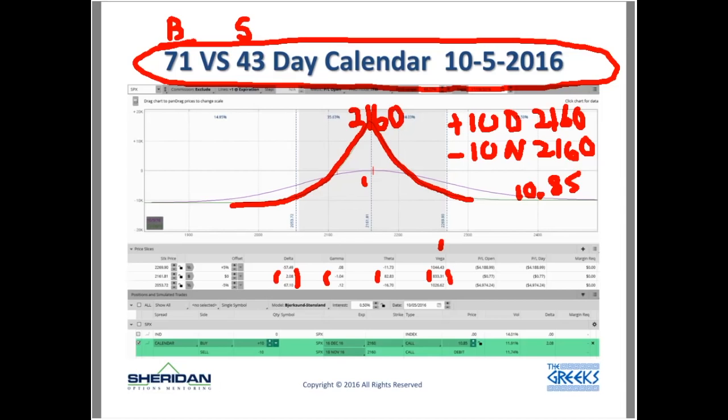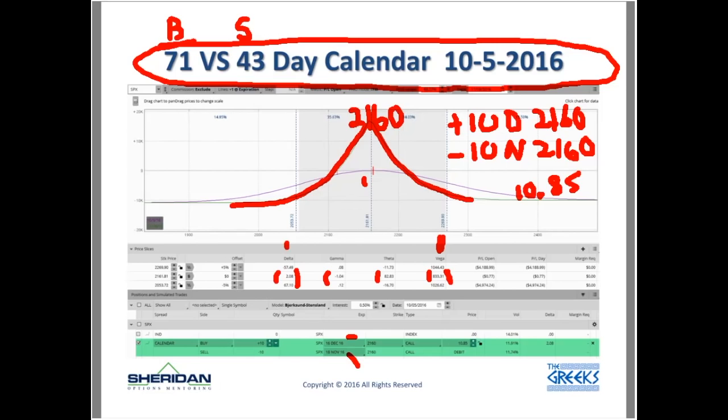But one of the main reasons people struggle with call calendars, especially over the last 3-4 years where the market's been in an uptrend, is if the volatility starts shrinking and the market goes up, even if you're delta neutral, you lose money. If the volatility comes down, you're long a lot of volatility, because your longs, your December options, have a lot more time premium than your November.